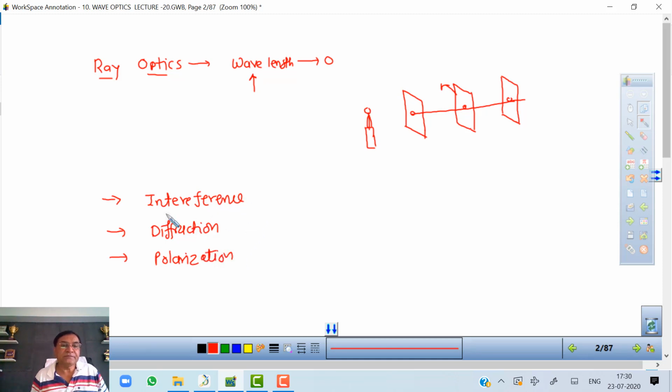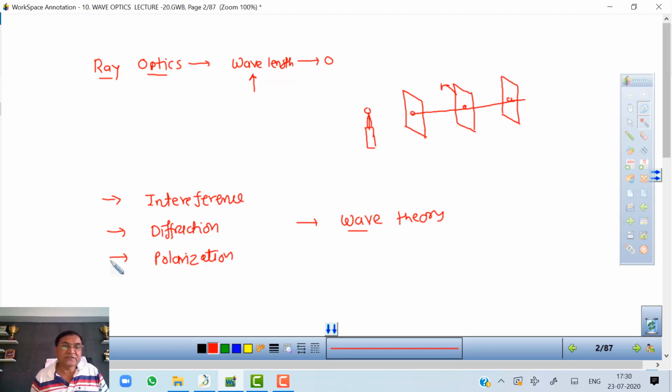These are the three phenomena we observe in light, and they can be explained with wave theory. If you consider light as a wave, then you can explain these three phenomena. You cannot explain them with ray optics. So in the present chapter, we will discuss interference, diffraction and polarization.